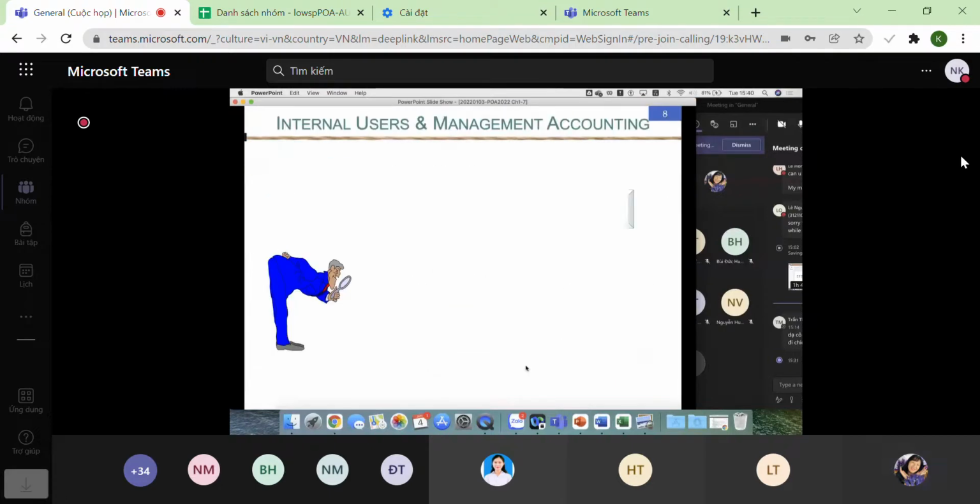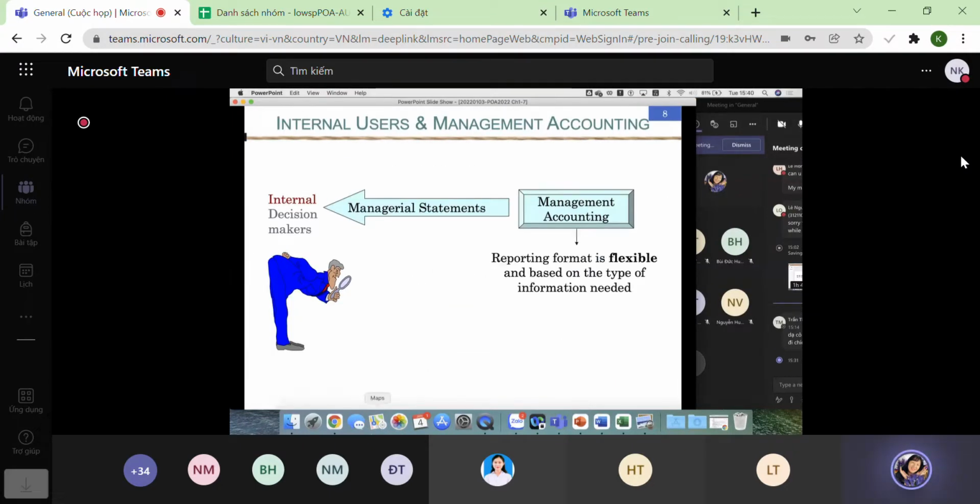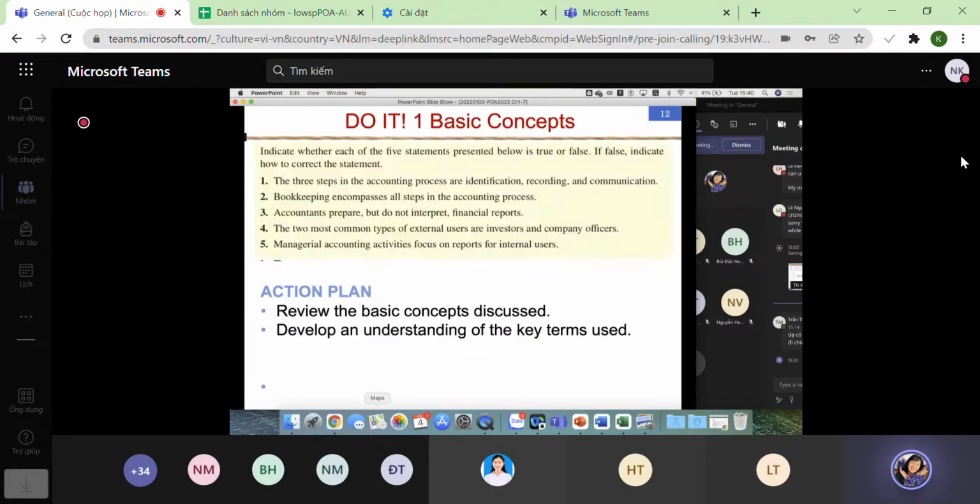So this one is true or false. Bookkeeping encompasses all steps in the accounting process. False, right? Only a part of the recording process, recording activities. Number 3, accountants prepare but do not interpret financial reports.